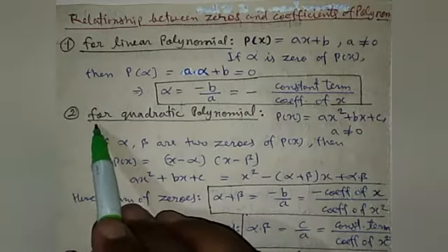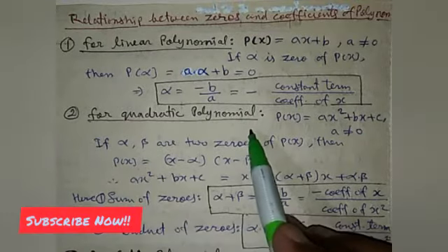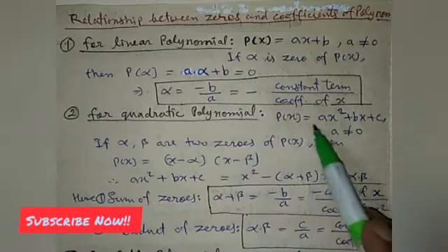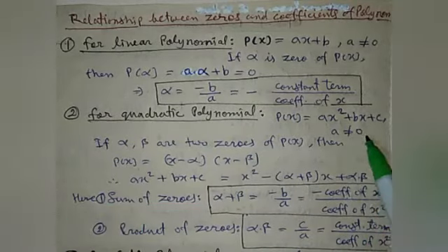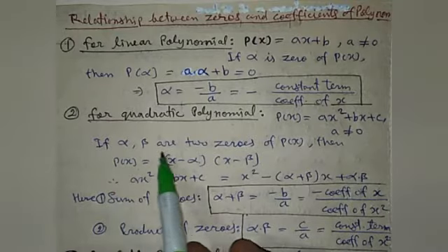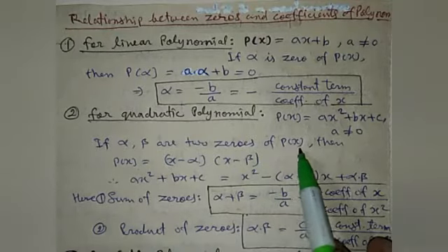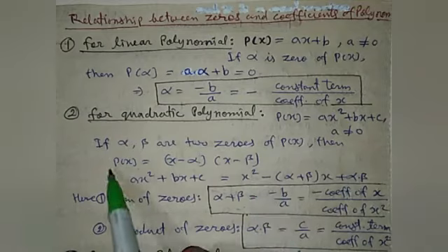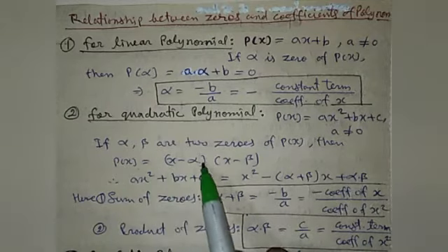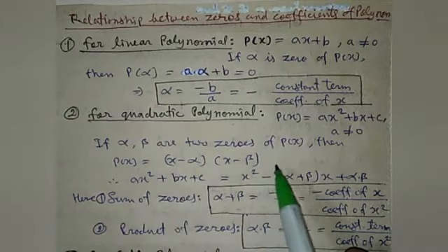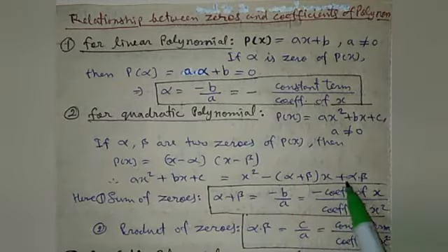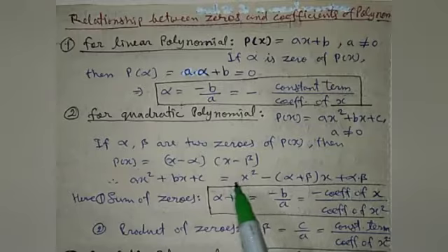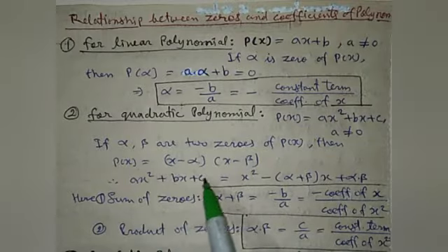In case of a quadratic polynomial, p(x) equal to ax square plus bx plus c, where a is not equal to 0. If alpha and beta are two zeros of p(x), then p(x) will be equal to (x minus alpha) into (x minus beta). That is equal to x square minus (alpha plus beta)x plus alpha into beta. And it is equal to ax square plus bx plus c.